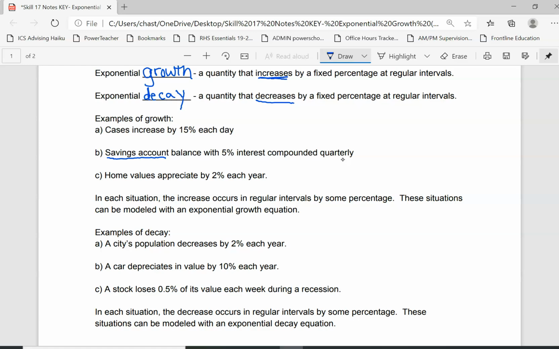And then home values appreciate. So the word appreciate means go up. So appreciate by 2% each year. Each of those, you'll notice that there was a regular percentage that was increasing each time, so therefore we called those exponential growth. And we'll talk about how to write those as an equation in a moment.